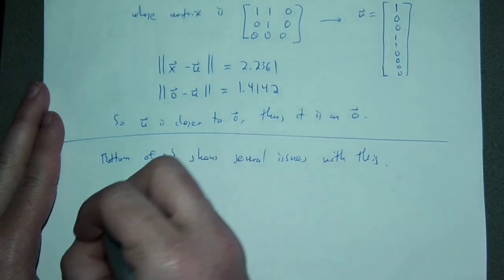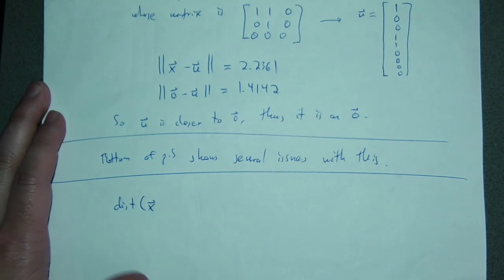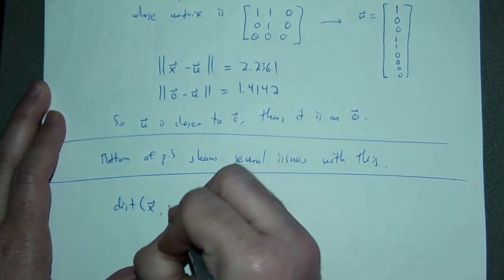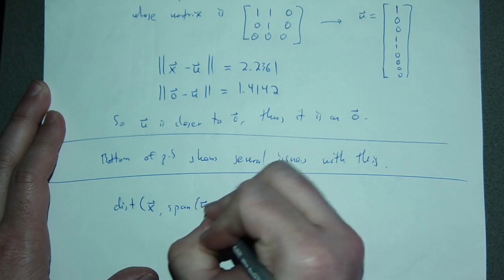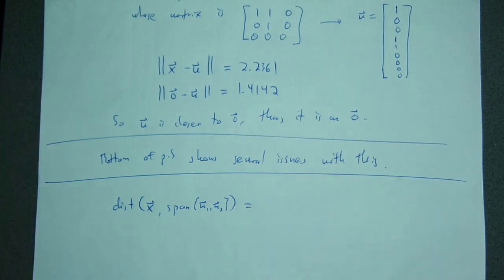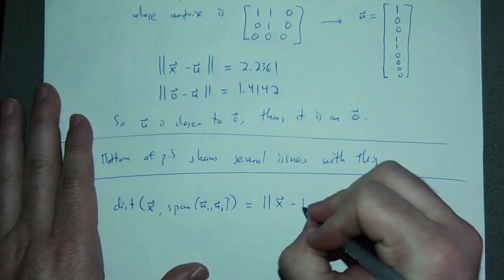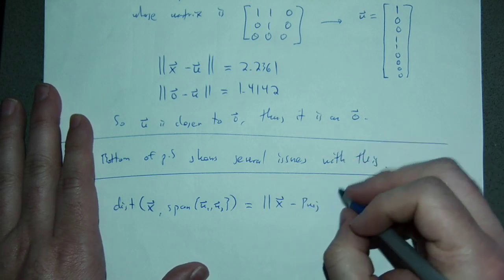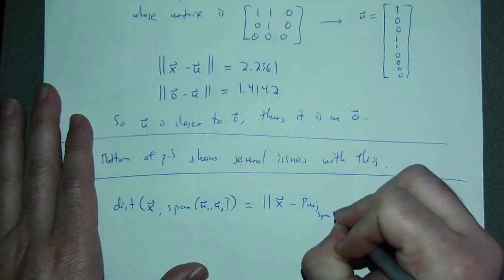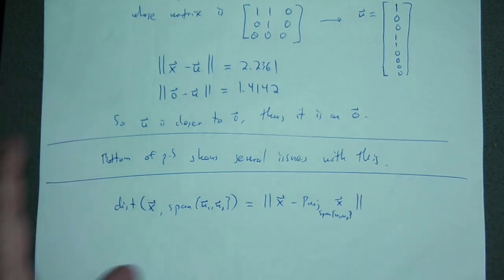So if I want to compute the distance from this unrolled vector x to the span of vectors u1 and u2, the point that is closest to my point x, thought of in abstract vector space, is the projection of x onto the span of the two vectors u1 and u2. So I think of the distance between x and its orthogonal projection here.